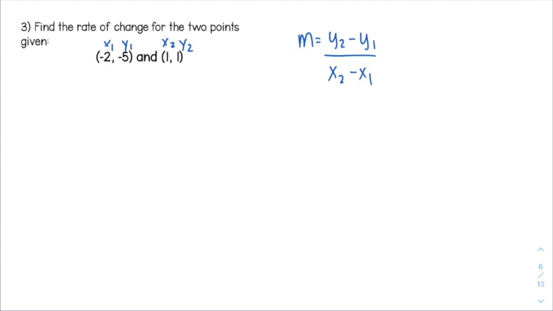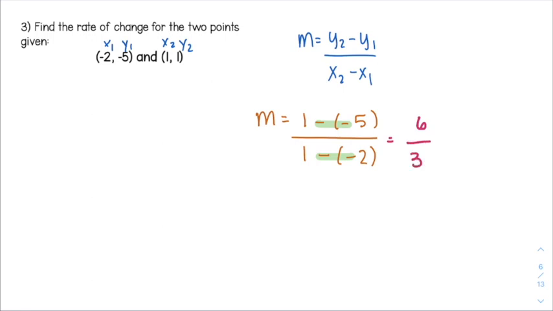I'm going to substitute in my values. I'm going to get m equals 1 minus a negative 5 over x2, which is 1, minus negative 2. If I simplify, I'm going to get 1 plus 5, which is going to be 6. And then I'm going to get 1 plus 2, which is 3. So 6 divided by 3 is 2. Your slope here would be 2.